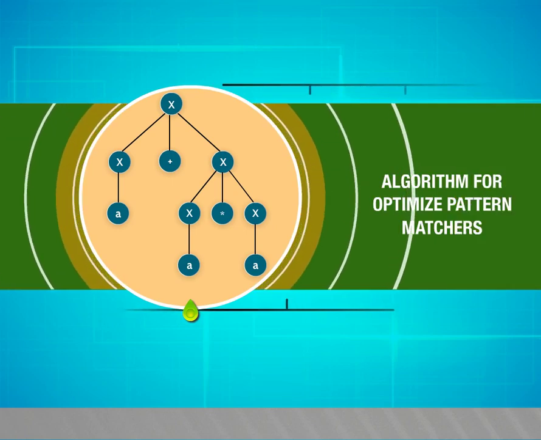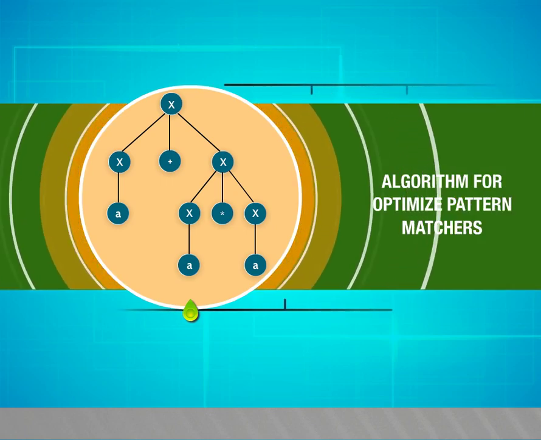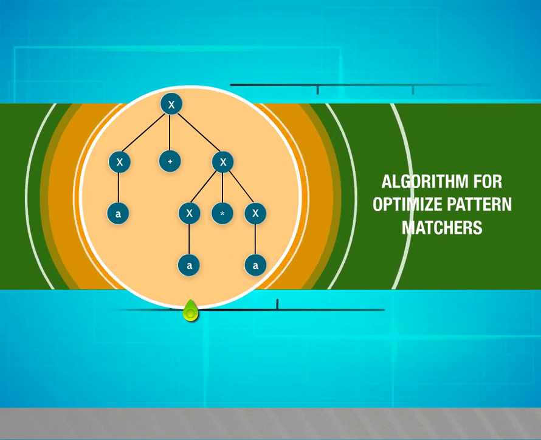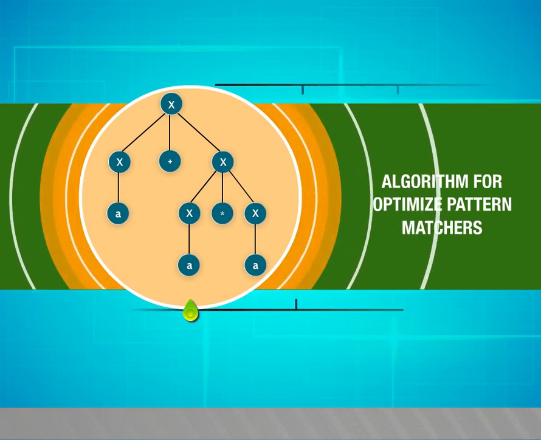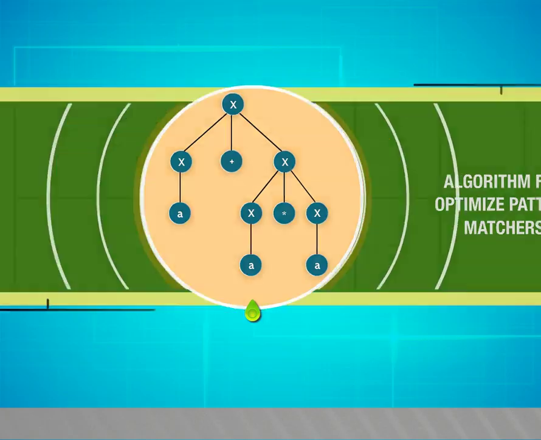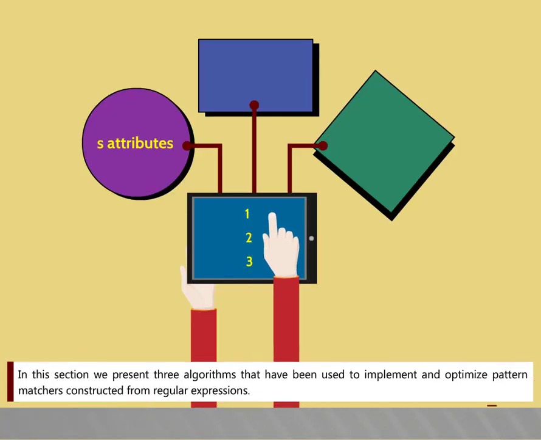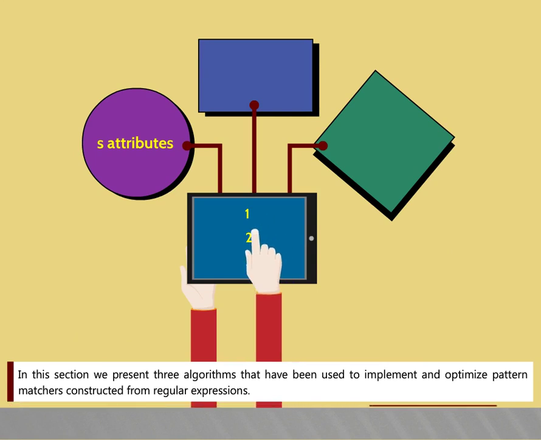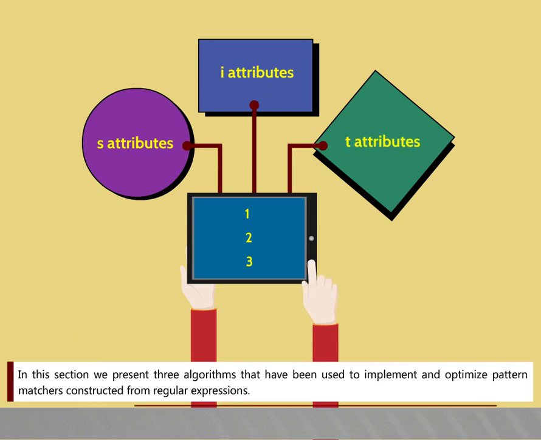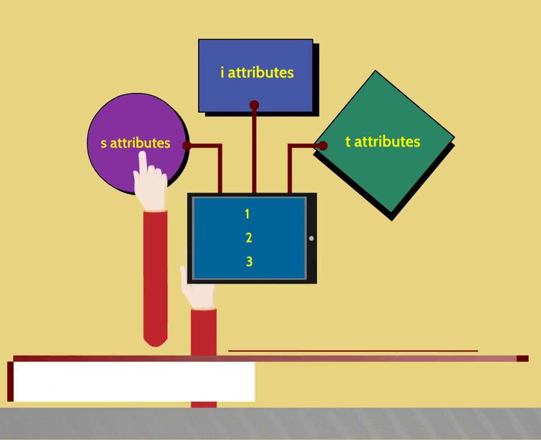Algorithm for optimized pattern matchers. In this video, we are going to see about algorithms for optimized pattern matchers. In this section, we present 3 algorithms that have been used to implement and optimize pattern matchers constructed from regular expressions.